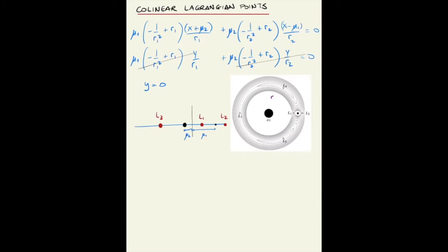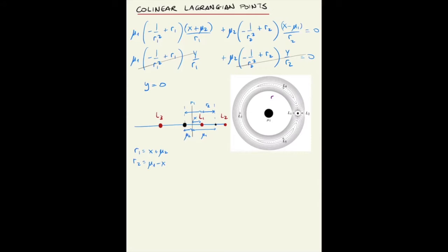So x of the Lagrangian point is here, from the central mass to L1. And then we have the distance from the primary to the Lagrangian point, that's R1, and the distance from the secondary to the Lagrangian point L1, that would be R2. So just based on this geometry, we can write R1 is equal to x plus mu2, and R2 is equal to mu1 minus x.